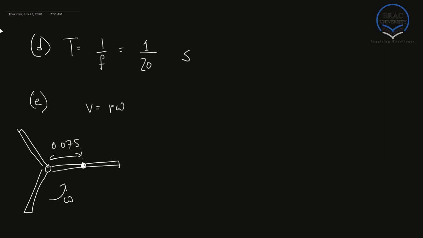Notice that the whole fan, not just the tip we were talking about a minute ago, is traveling with this angular velocity. So the linear speed of this point here would be just v equal to r omega, and that's just 0.075 times, well, omega would be 2 pi into 20, in meter per second.